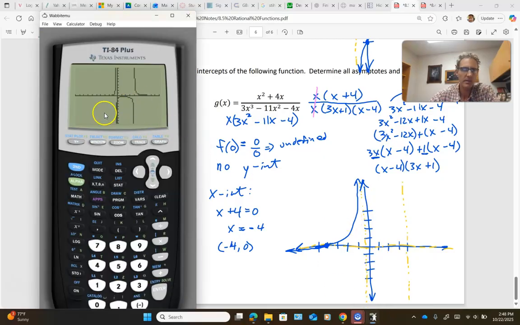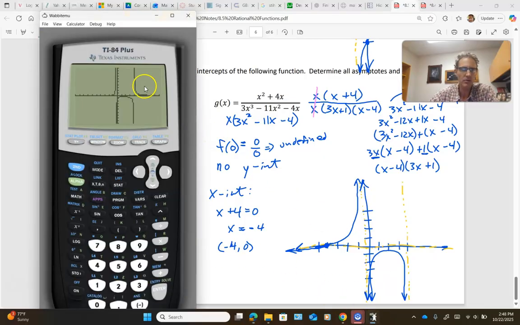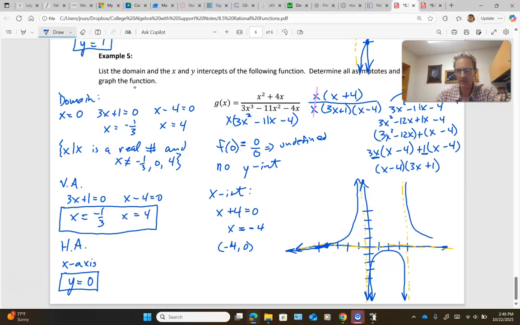And then the piece in the middle, the function is completely below the x-axis, so it's doing this, okay. And then finally, the rightmost piece is above the x-axis, so it's looking something like this.